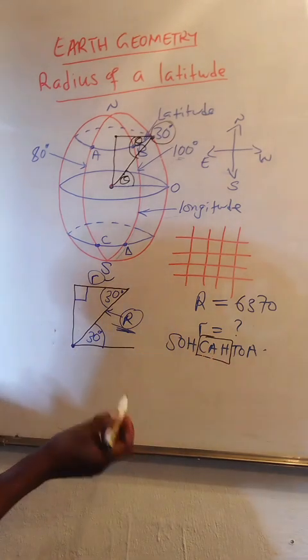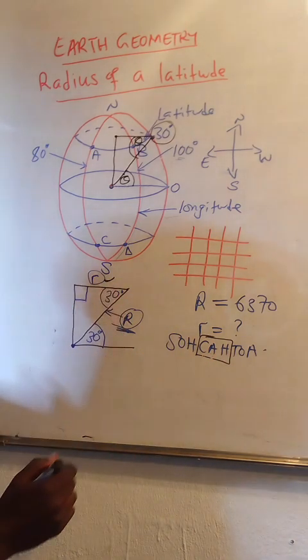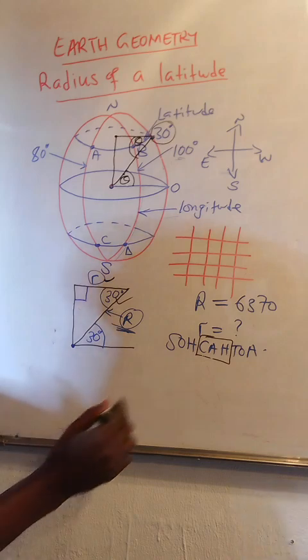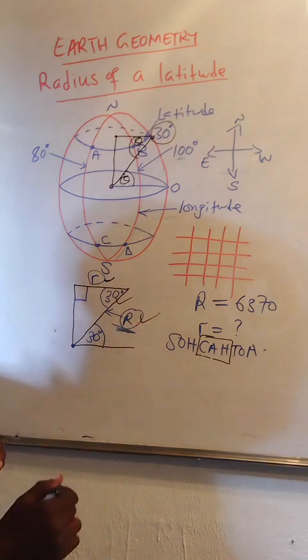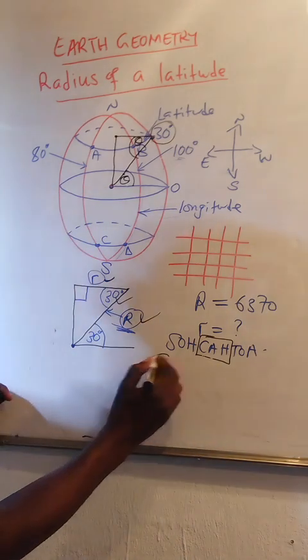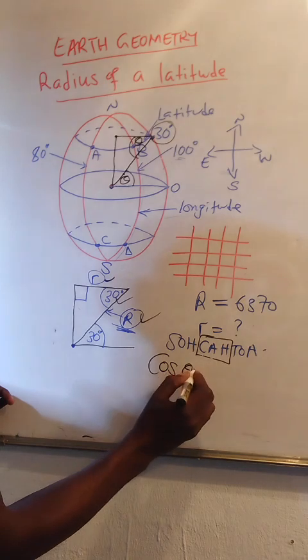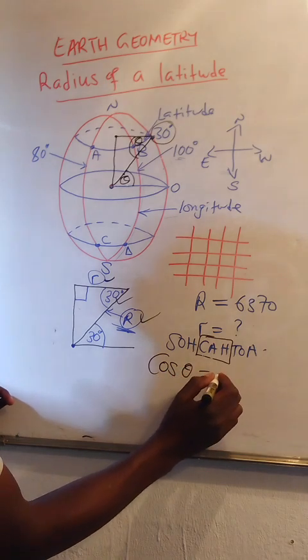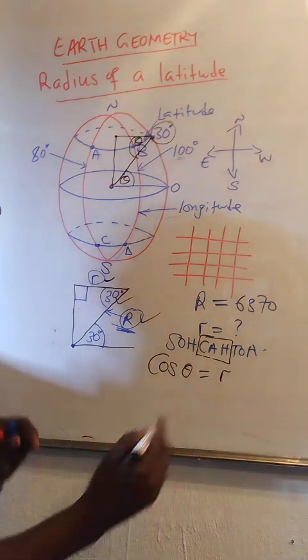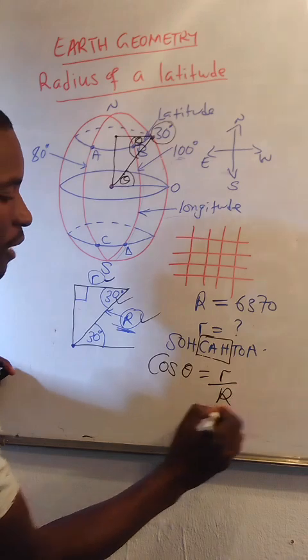And this is what I have. So I'm looking for the adjacent. I have this angle, and then I have the hypotenuse. So therefore, it's going to be cos theta equals small r over capital R.